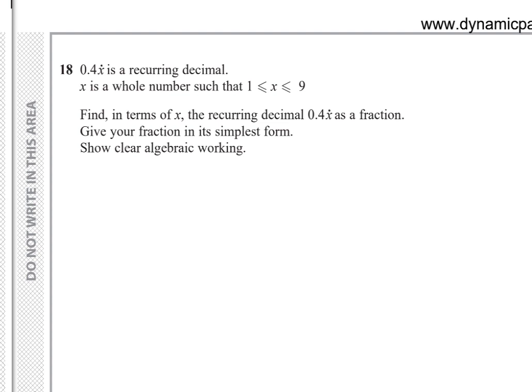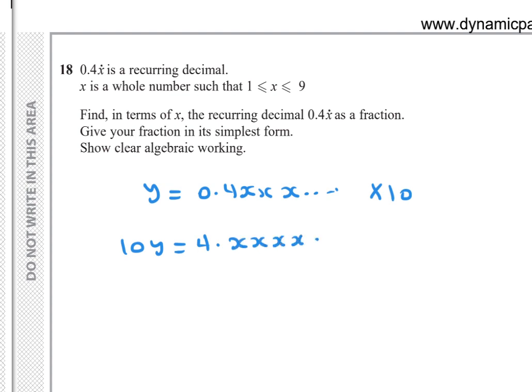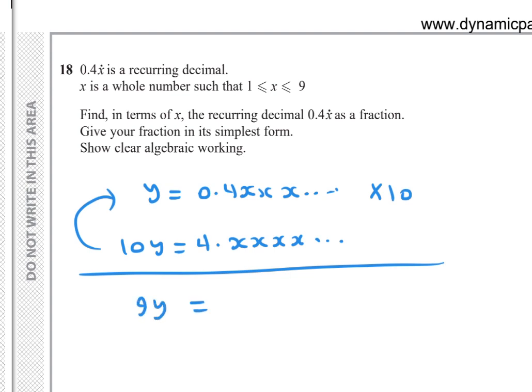So we can consider the recurring decimal as y, so y equals 0.4x, and so on. We have one digit repeated, so multiply by 10, so 10y equals 4.x, and so on. Now subtract: 10y minus 1y equals 9y, and when you subtract, all this decimal will cancel.